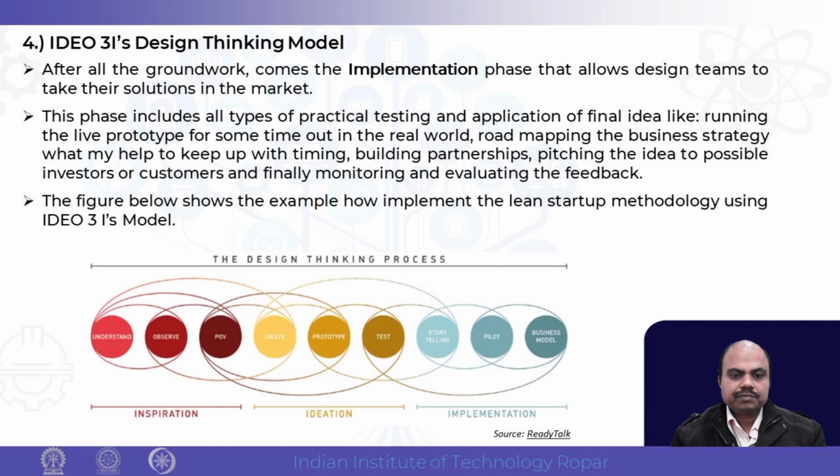So first we understand, observe, POV, ideate, prototype, test, storytelling, pilot, and then business model. So the first 3 phases we can say are inspiration, the middle 3 phases we can say are ideation, and the last 3 phases we can say are implementation.